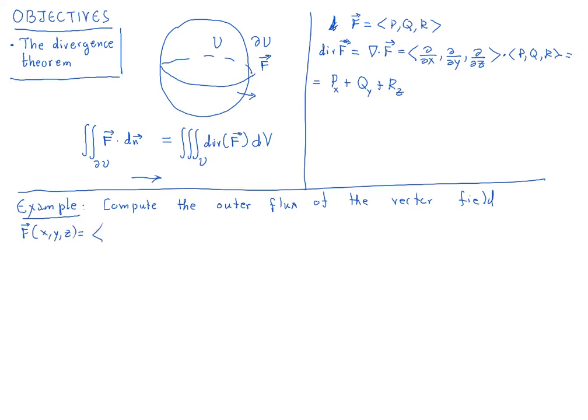So let's take x cubed times cosine of z cubed, y cubed plus e to the x squared, and z cubed minus sine of square root of x.